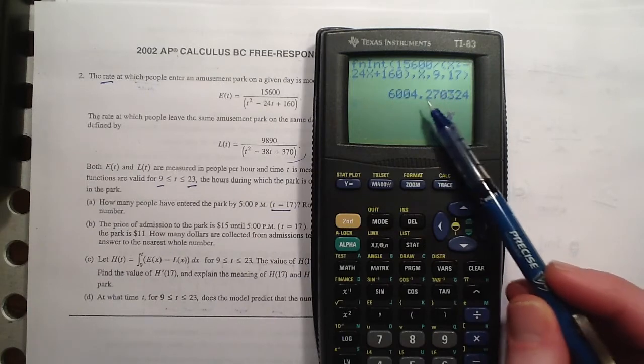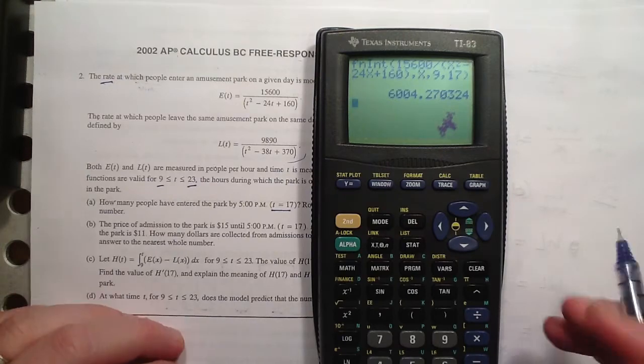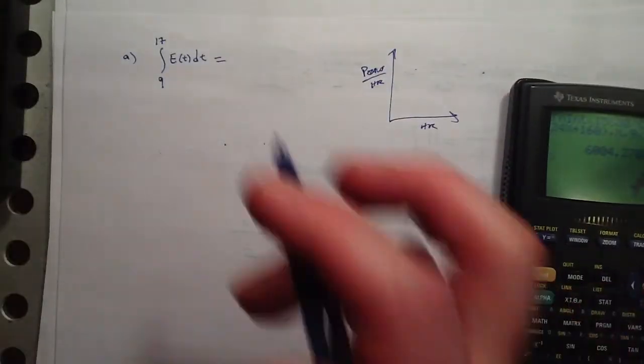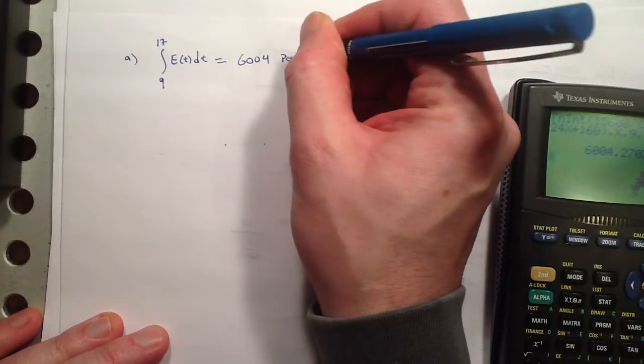Now, we're talking about people here, so we don't want decimal parts of people. That's just disgusting. So, 6,004 people.